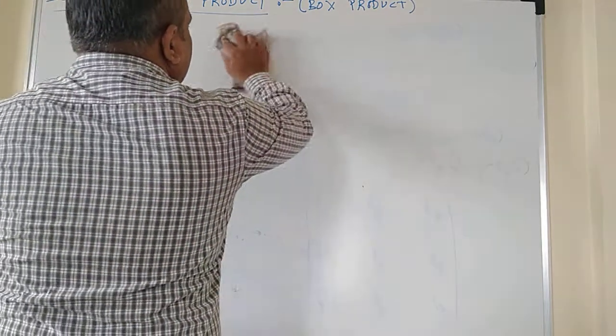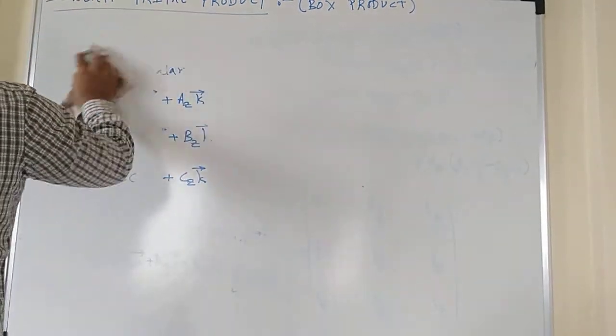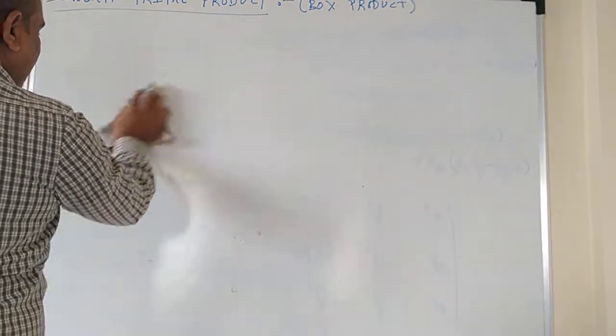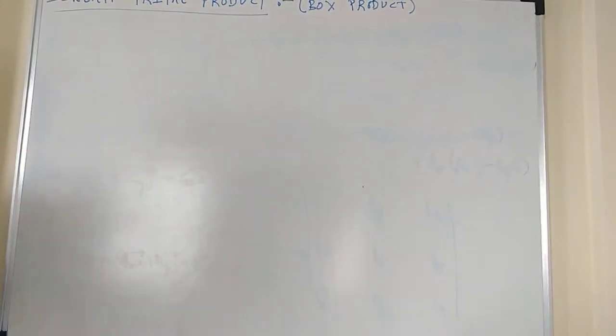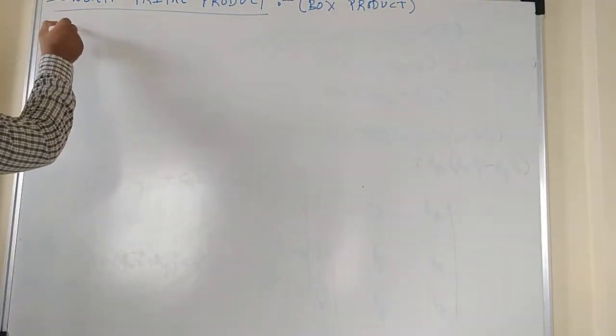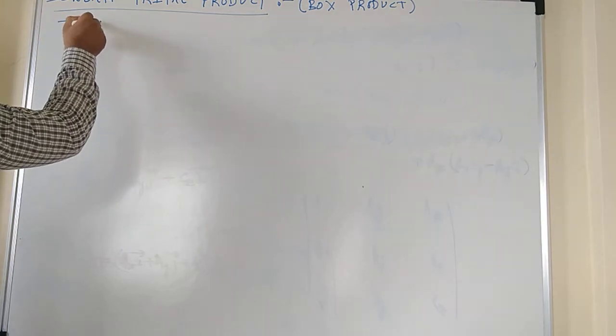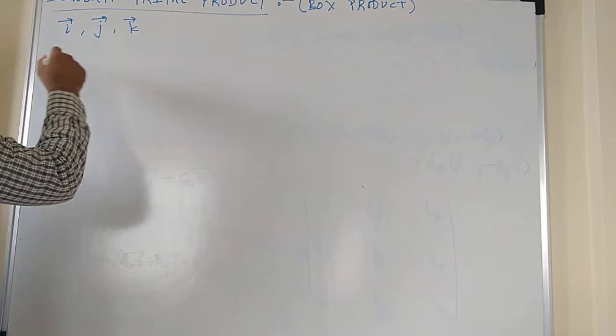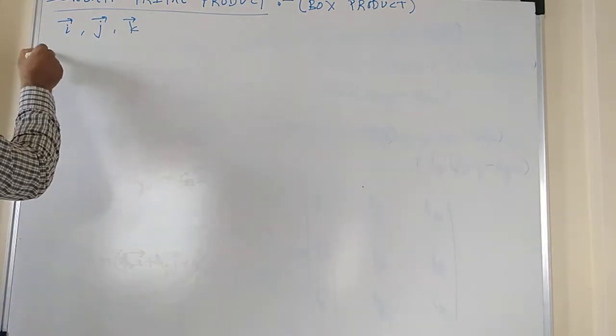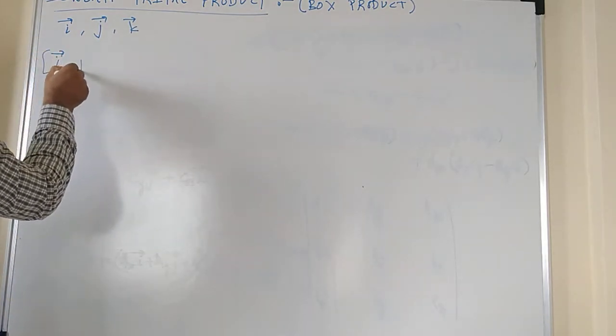Now, instead of considering a bar, b bar and c bar, three vectors, let us consider the unit vectors and see what is the scalar triple product of the unit vectors. So i, j and k are the three unit vectors, and let us take the box product of these three vectors.